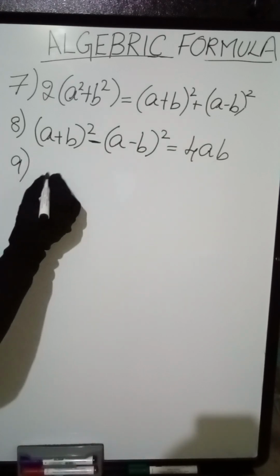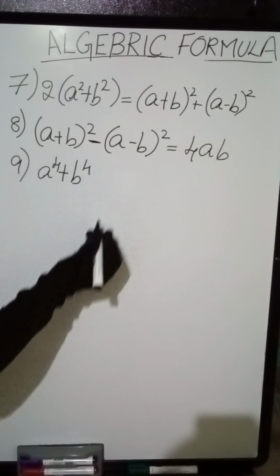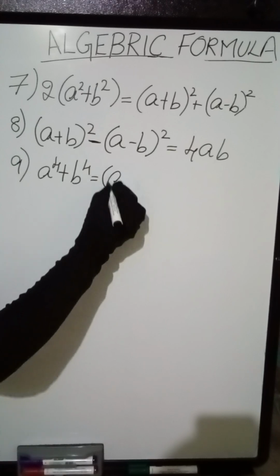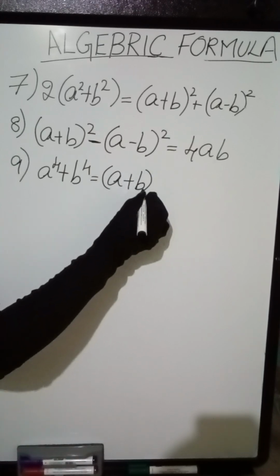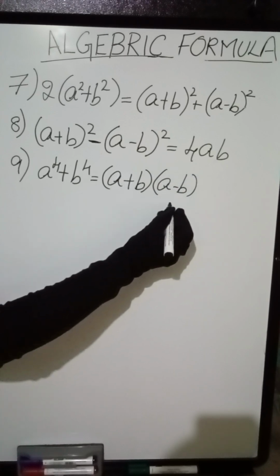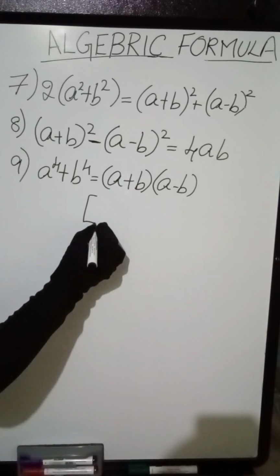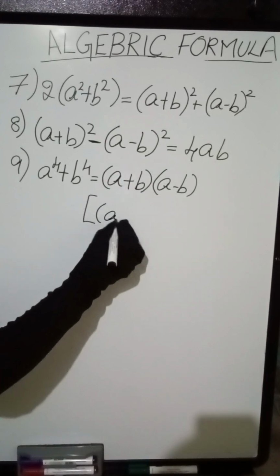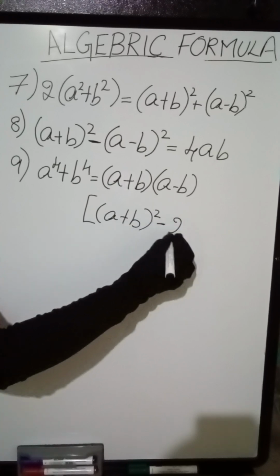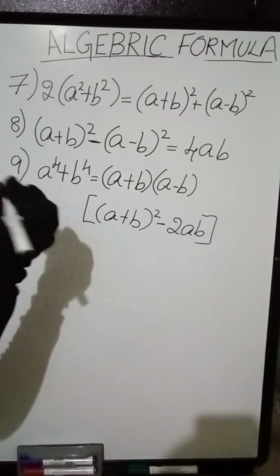The ninth formula is a to the power of 4 plus b to the power of 4. Now in this case, your formula will be a plus b into a minus b, open square bracket, you'll have a plus b the whole square minus 2ab, close square bracket.